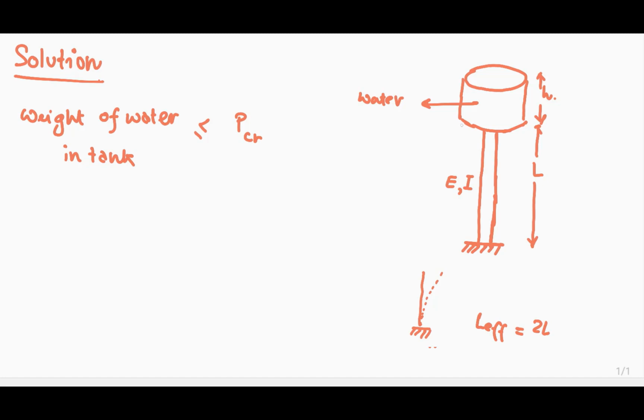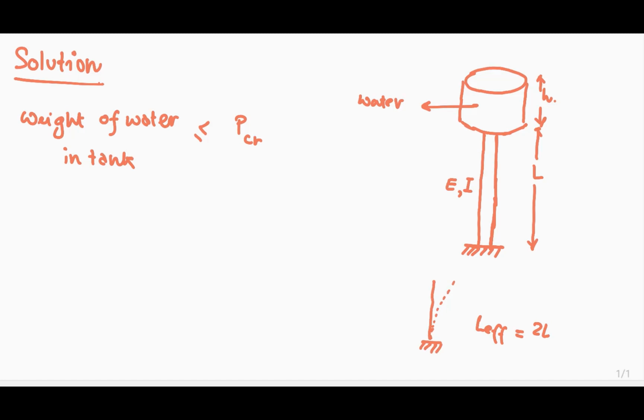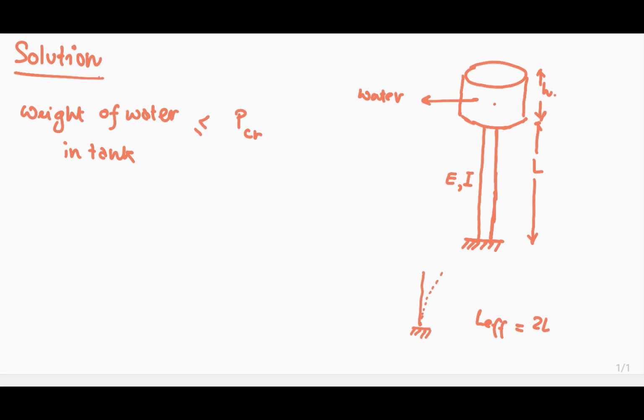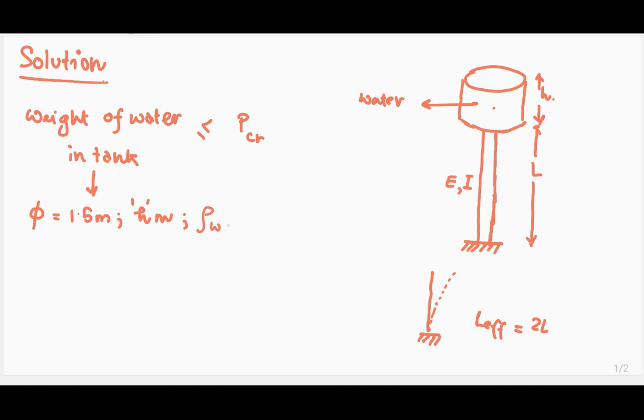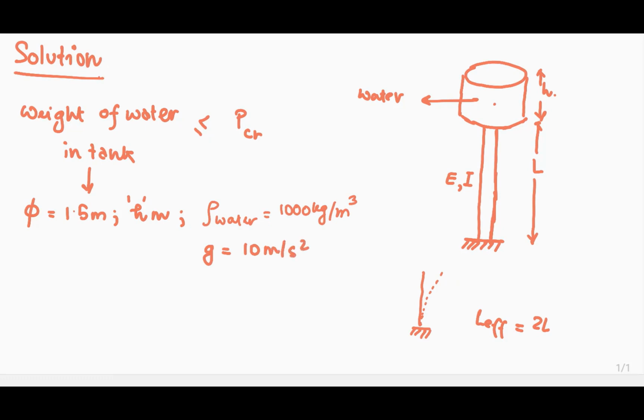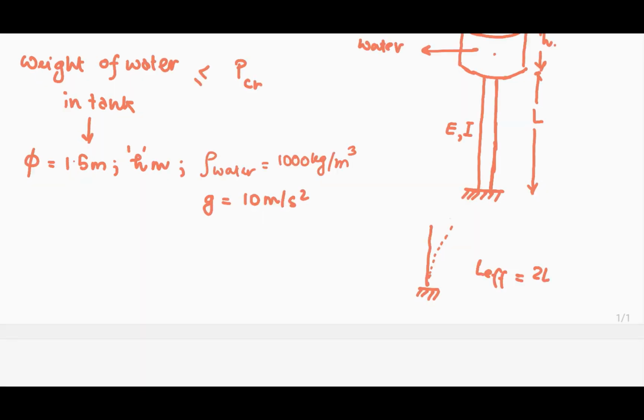Further, we have been told to ignore the self weight of the tank itself, and we are only to consider the weight of water inside this tank. Now, the tank dia is given to be 1.5 meters. Let us say the height of the water column is h meters. The density of water is given to be 1000 kg per meter cube and acceleration due to gravity is given to be 10 meters per second square.